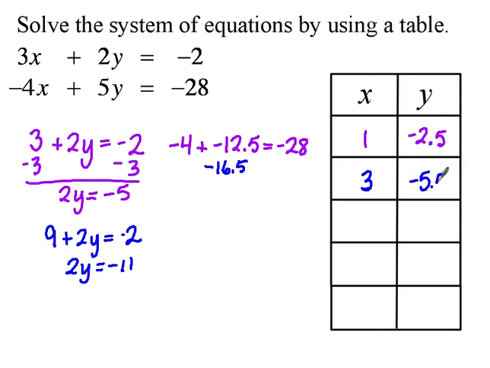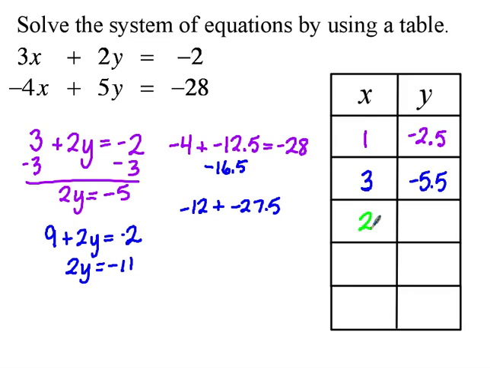Negative 5.5. So let's see if we're getting closer. If I plug in 3 for x in the bottom equation, I get negative 12 plus negative 27.5. Whoa. Does that equal negative 28? Nope. So what should we try now?